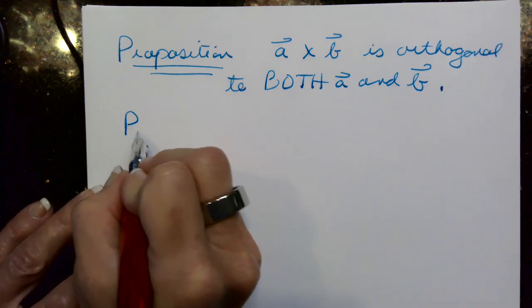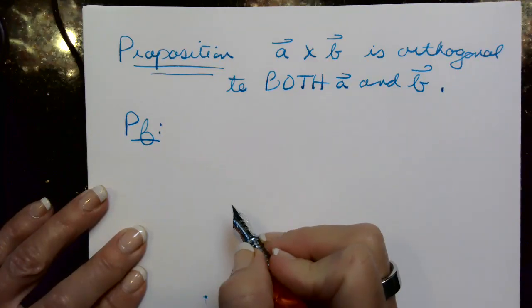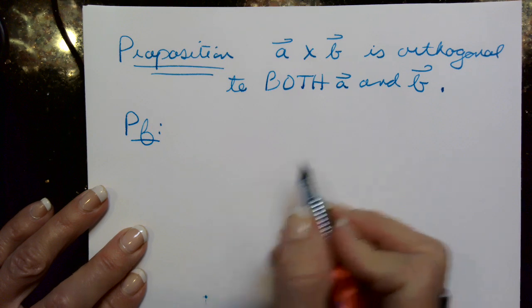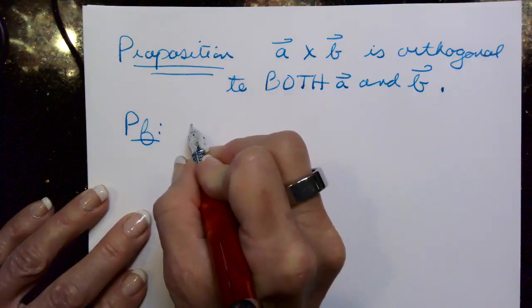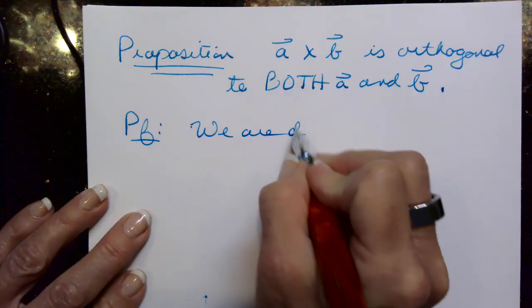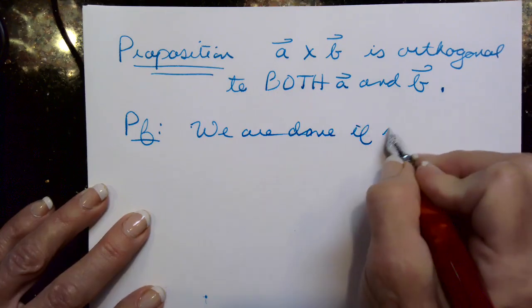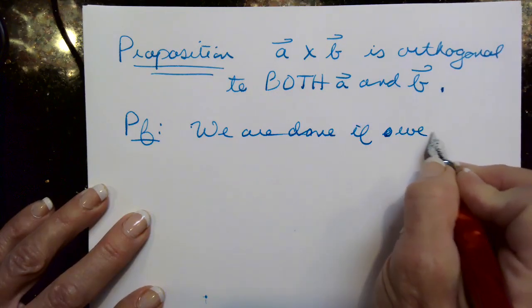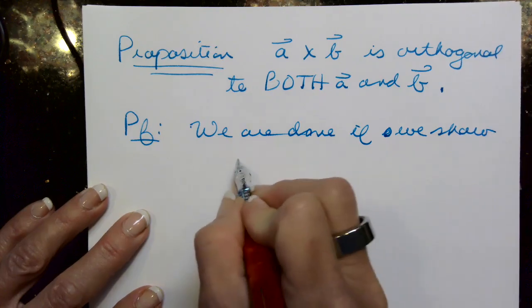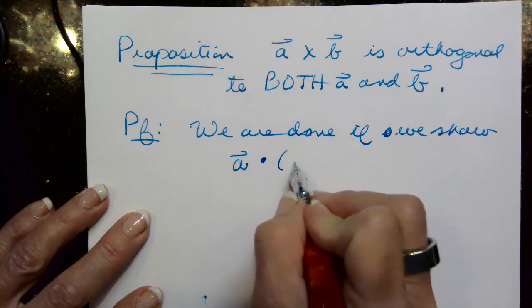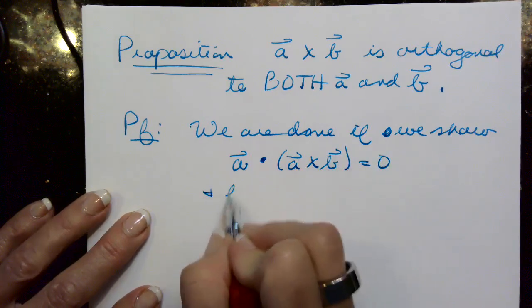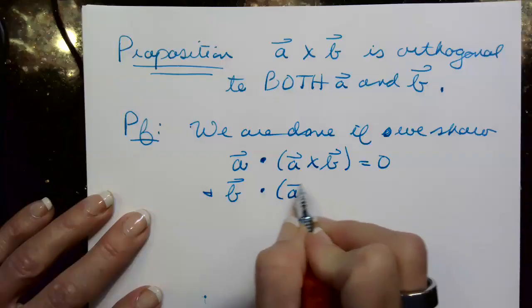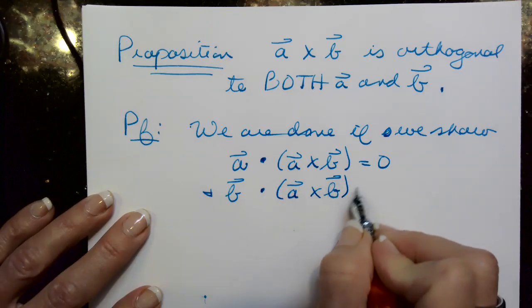Now, how would you show it's orthogonal? Well, one way to do that is to take the dot product of A with A cross B and show it's 0. So we are done if we show A dotted with A cross B equals 0 and B dotted with A cross B equals 0, where the dot means the dot product.